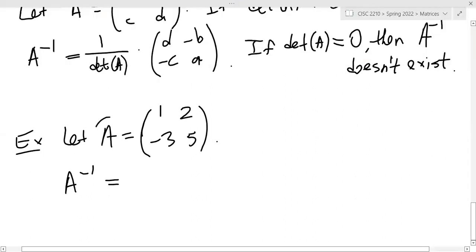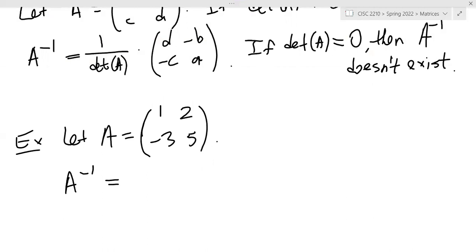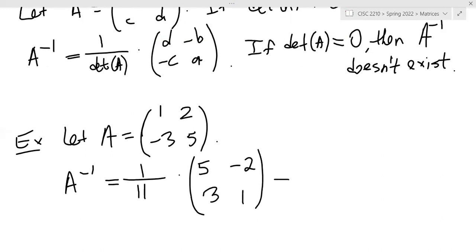Now we already know the determinant of this matrix. We found it before. It is 11. So we're going to do 1 divided by 11, multiplied by, so d, that's 5, then negative b, that would be -2, then negative c, so that's -(-3), so that's +3, and then a, which is 1. Then we have to simplify this.